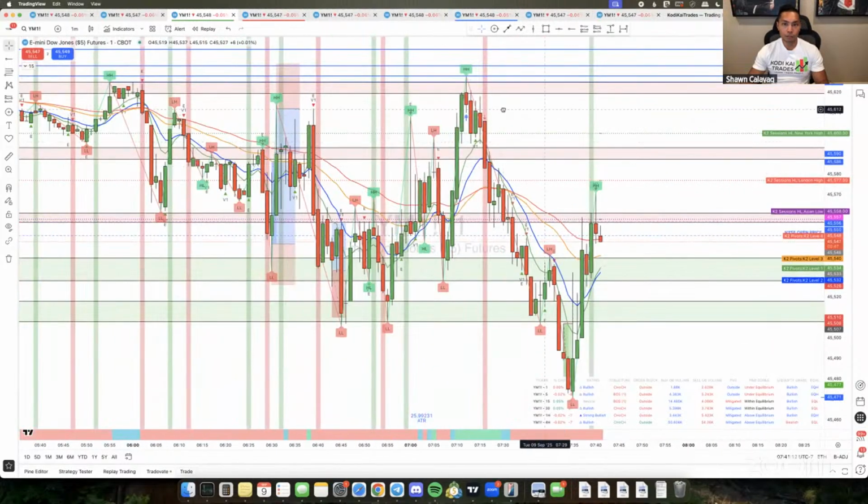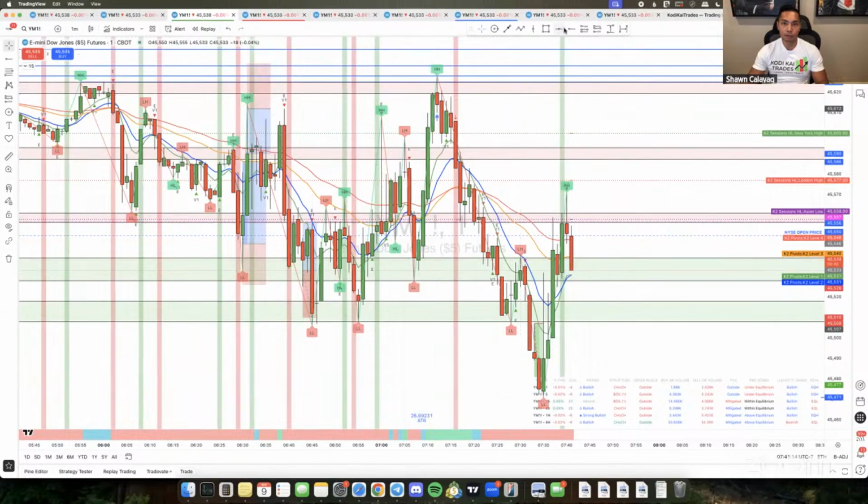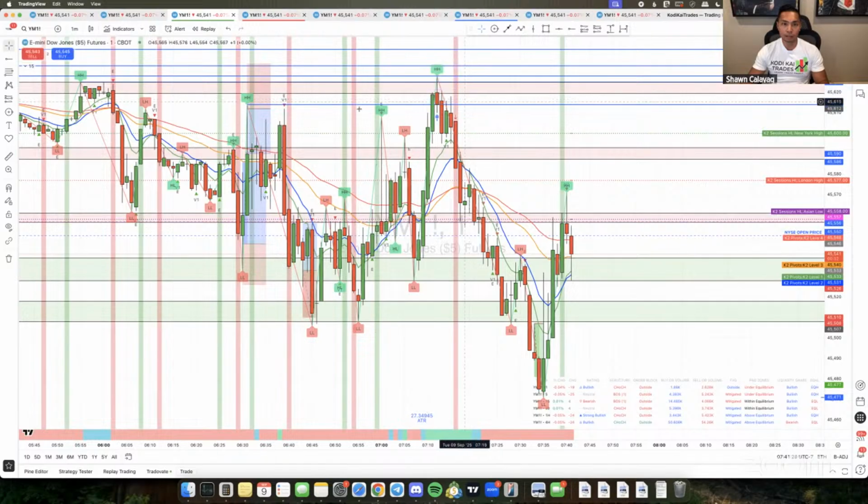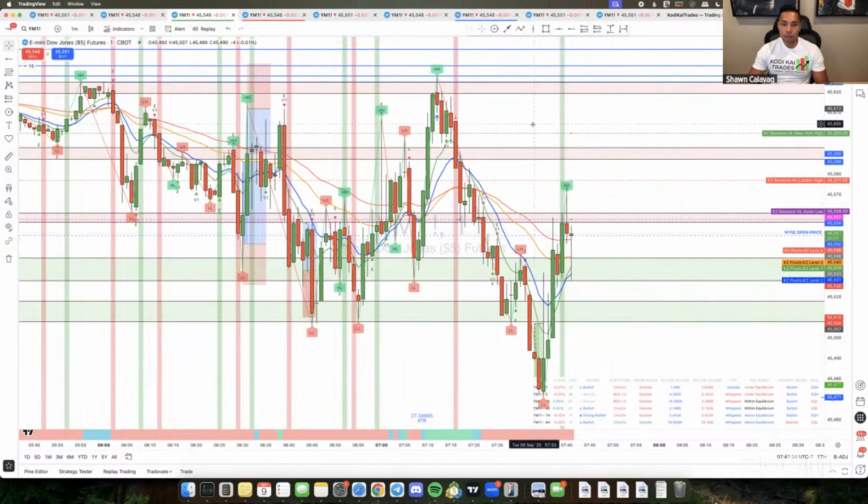It just didn't push far enough for me to move my stop loss into profit. So right here at this higher high, we didn't have enough space here. Price pushed up about 15 points, so it wasn't enough for me to move my stop up to like 10 or anything like that, because it didn't reach the 30 yet.